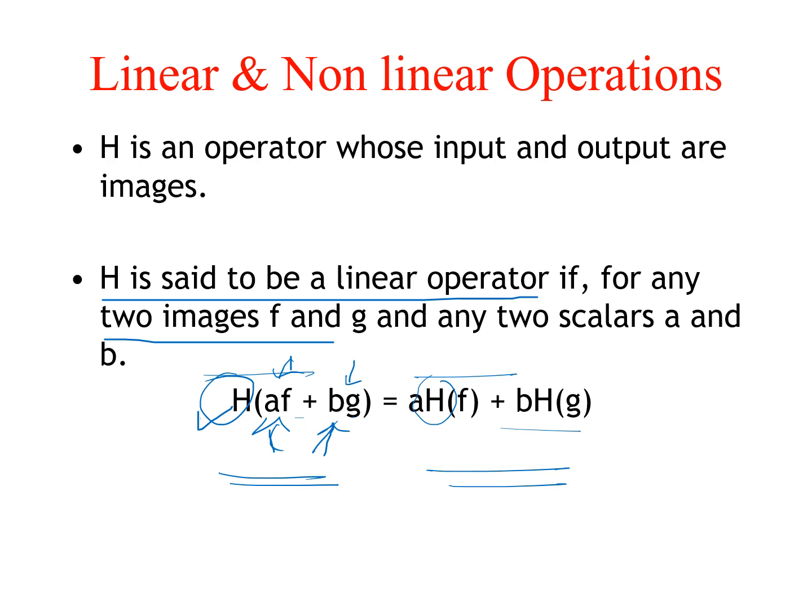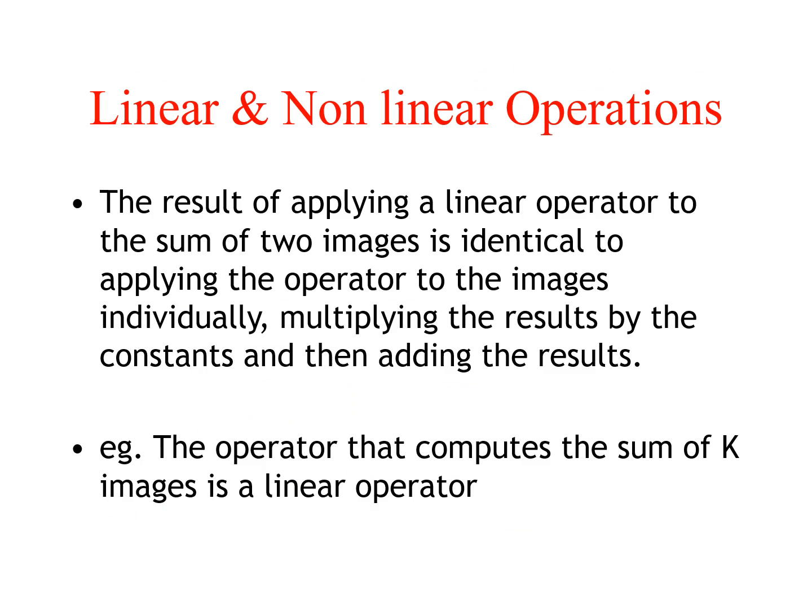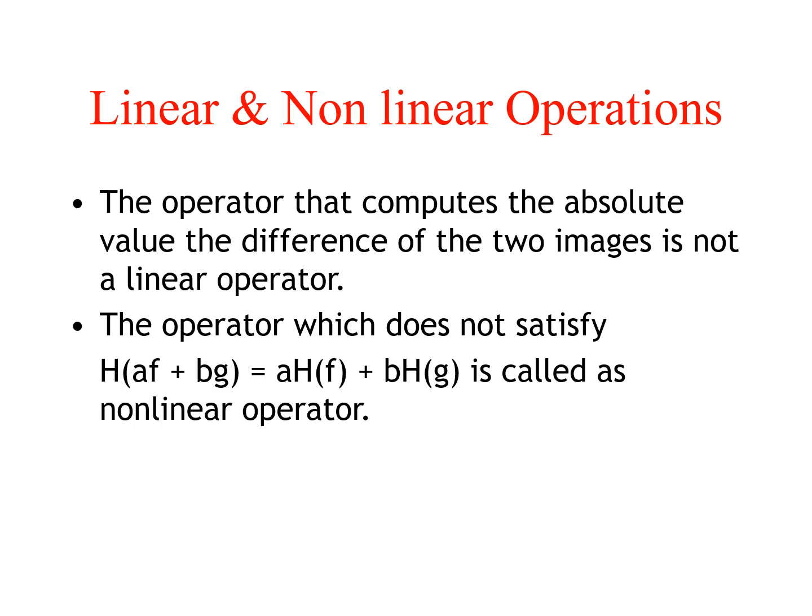And whenever this is not true, whenever the left hand side LHS is not equal to RHS, then we can say that H is a non-linear operation. The result of applying a linear operator to the sum of two images is identical to applying the operator to the images individually, multiplying the result by the constant and then adding the result. So that's what I explained you just now. And as I said, when this condition is not true, then H is called a non-linear operator.